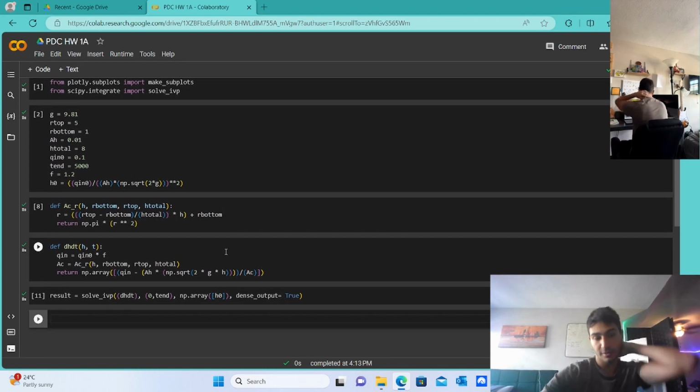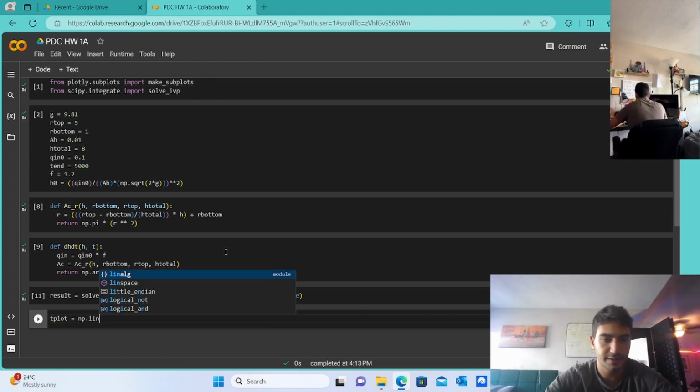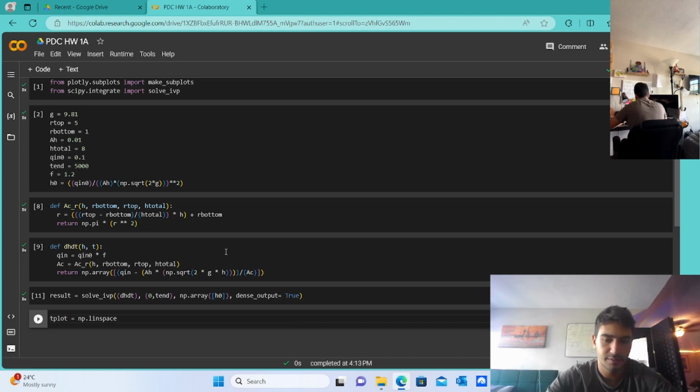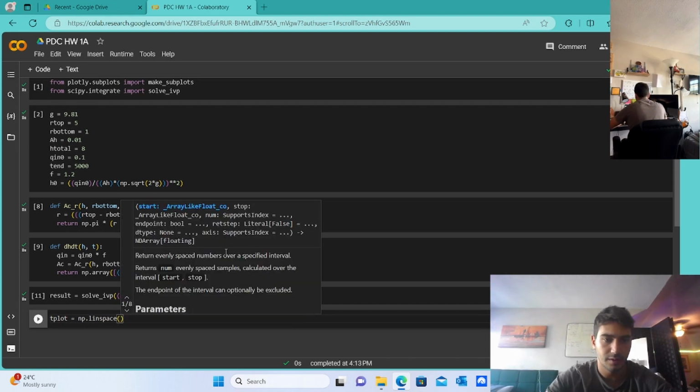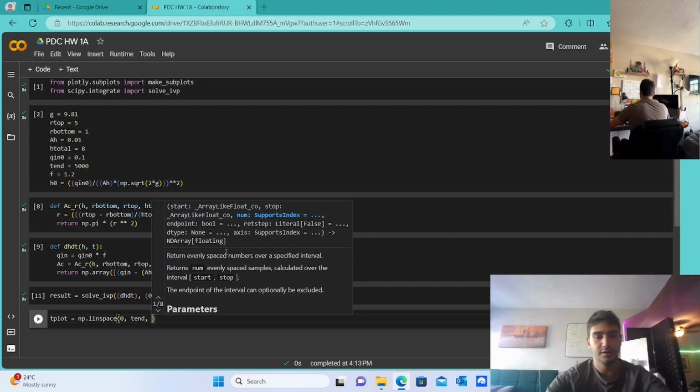Sorry about that. Okay, so from here now we can go ahead and plot this out, right? So t-plot, okay, sorry. So yeah, just click t-plot, and we're just gonna linearly space this out. In linspace, we're gonna go 0 to t end, right? And then say 100.